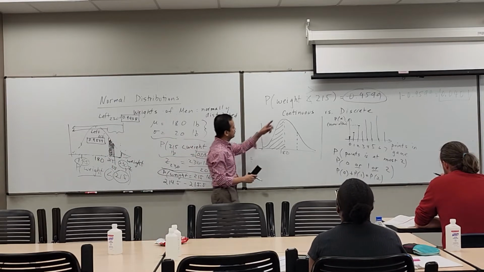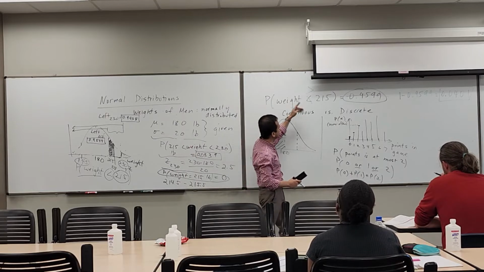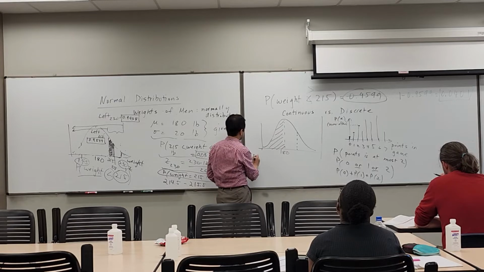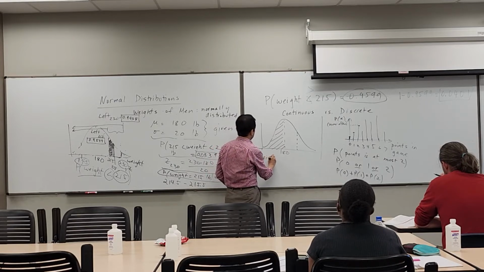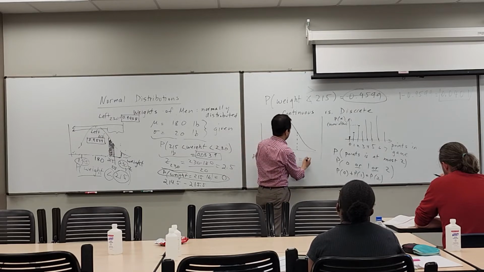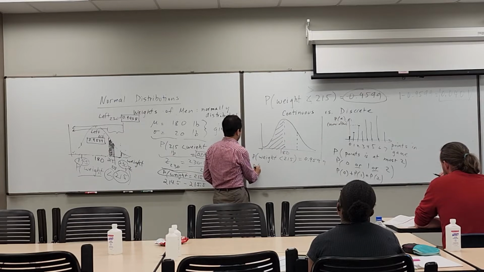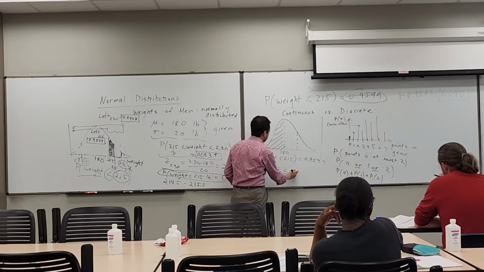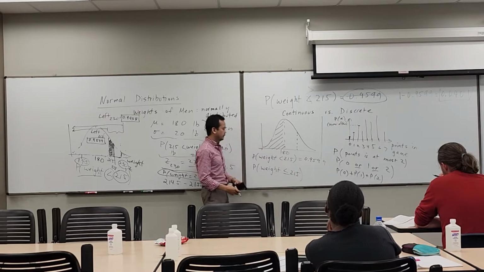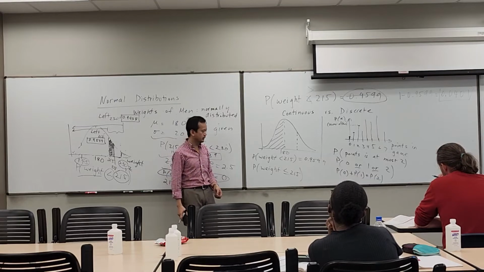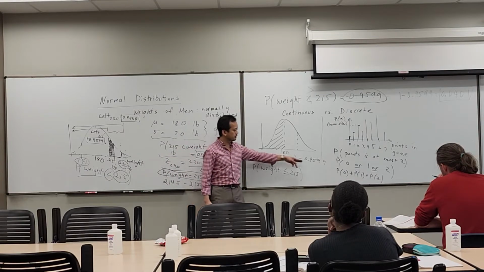And before, we found the probability of a weight being less than 215 was 0.9599. So what if I had asked you what's the probability that a weight is less than or equal to 215, where I just include that equal as a possibility? How do you think this answer would change?